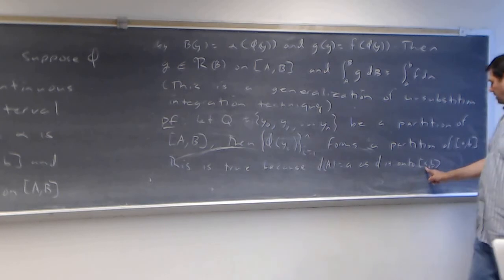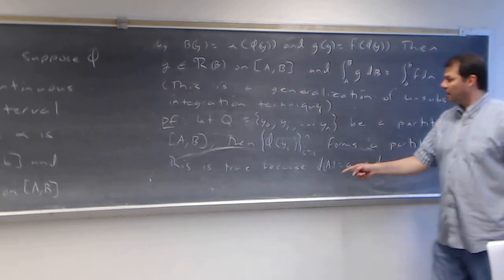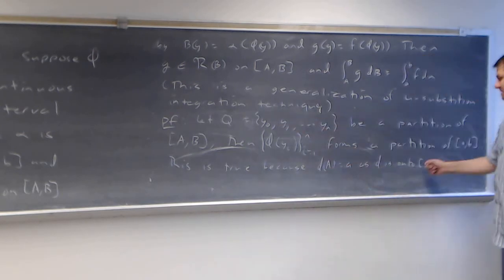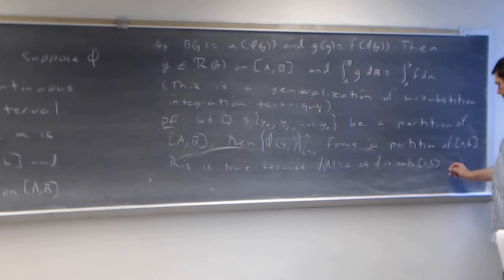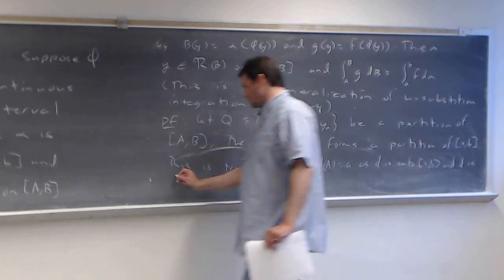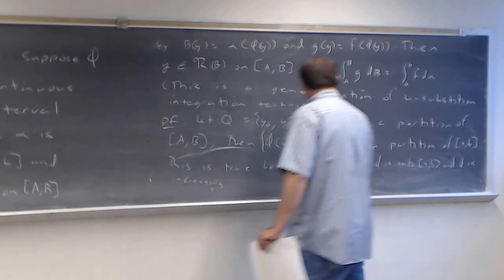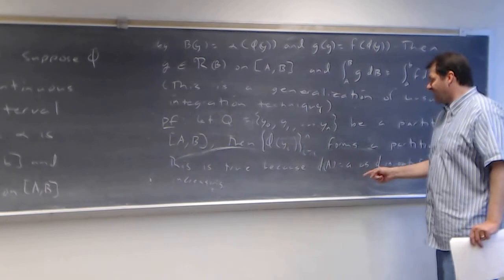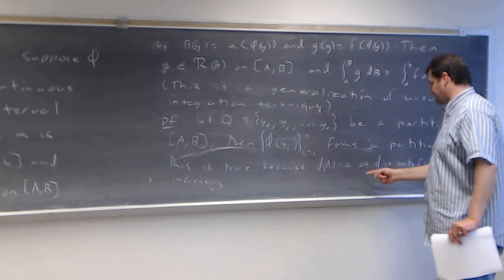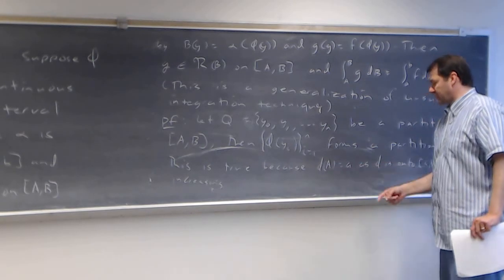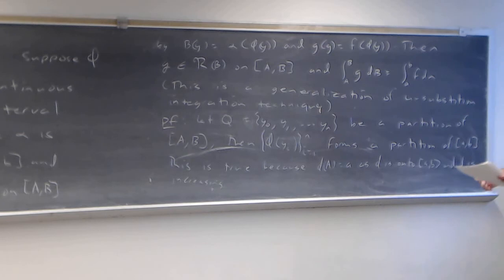That means something from big A to big B has to be sent to little a, and phi is increasing. So if phi of big A is little a, then there's nothing in big A to big B such that phi of that number will be equal to little a, because it's going to be bigger than little a.